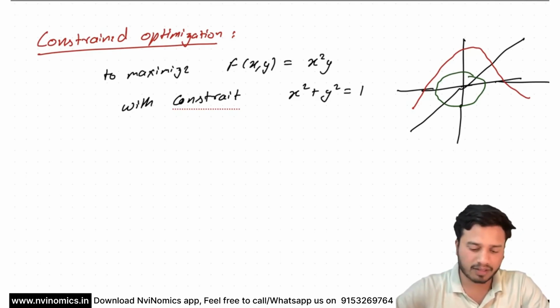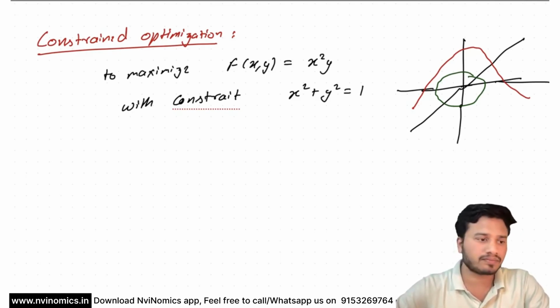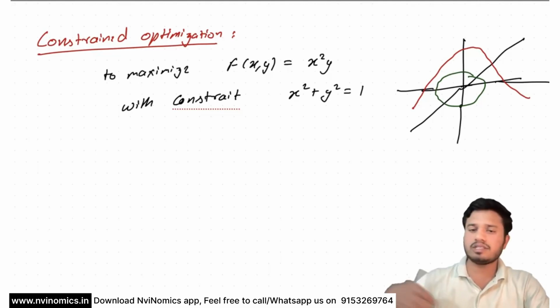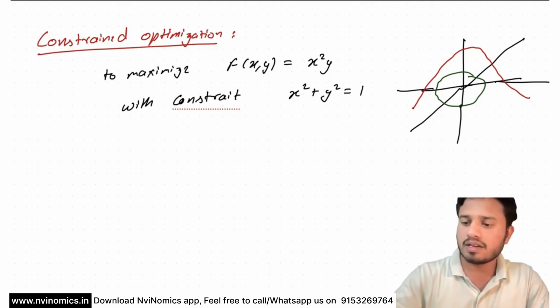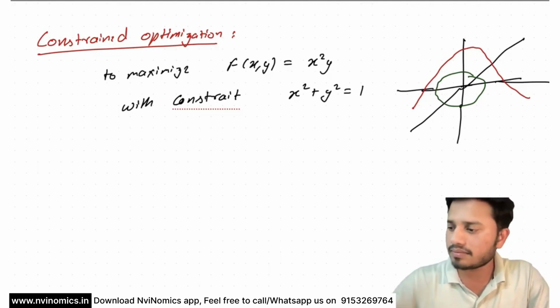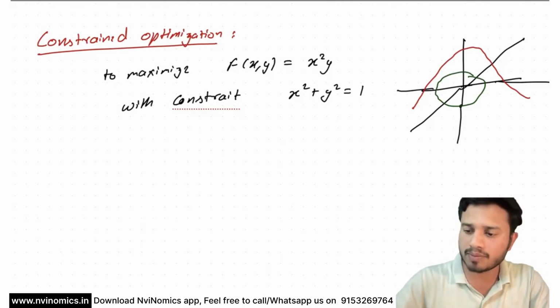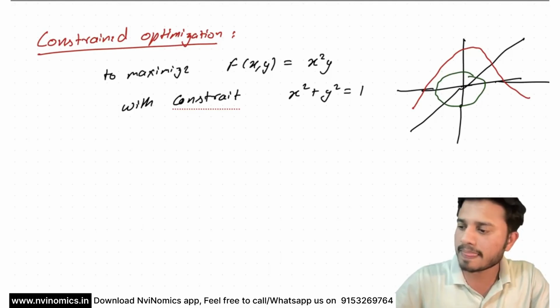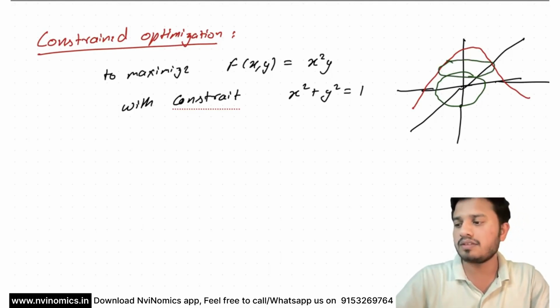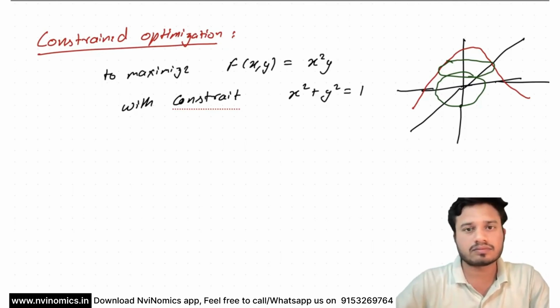So this is our problem. Now what this will do is bound this mountain from above. It will bound our mountain from here. It looks so easy.